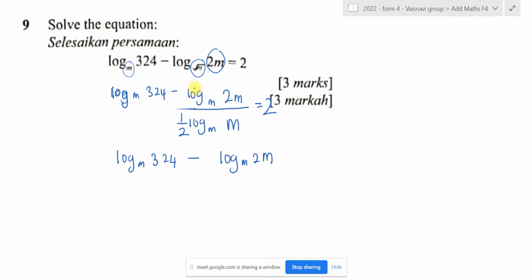Log m 2m, actually we can write as log 2 plus log m, but maybe we skip that part first and try to do here. M and m you can cut, so it becomes 1 over 2, and then equals to 2 everywhere here.